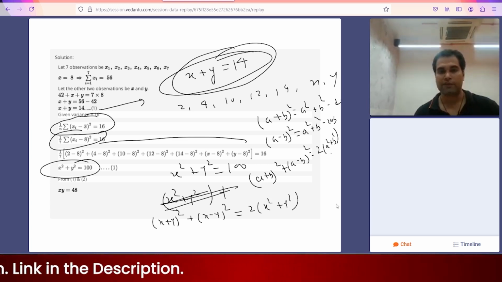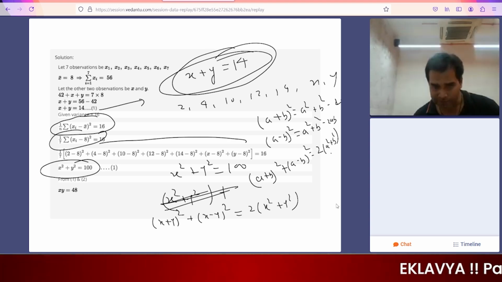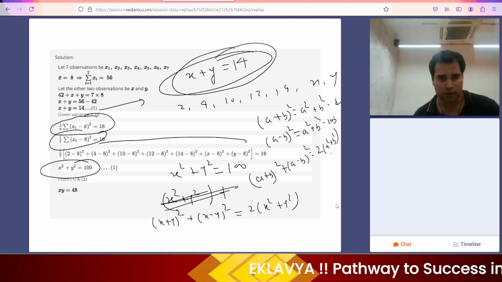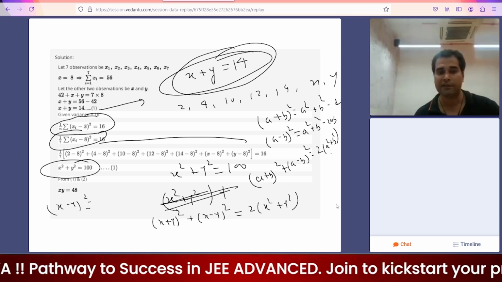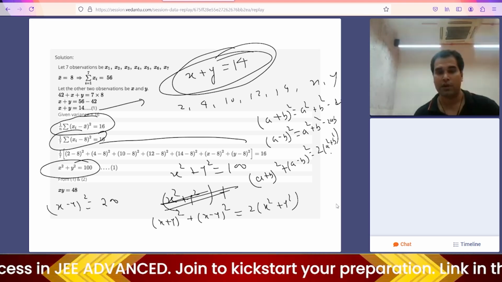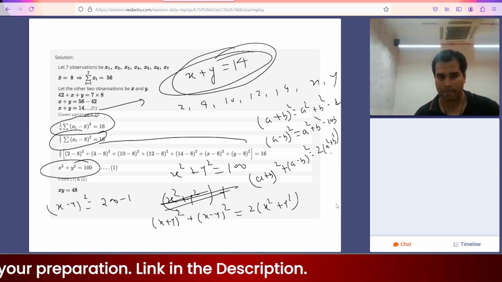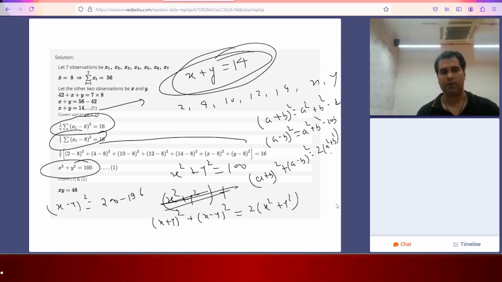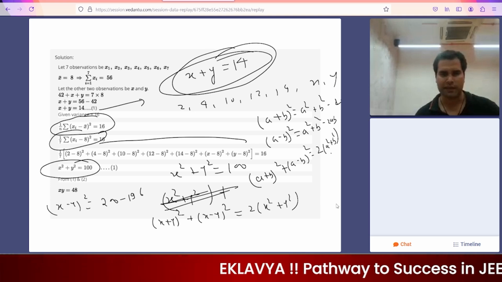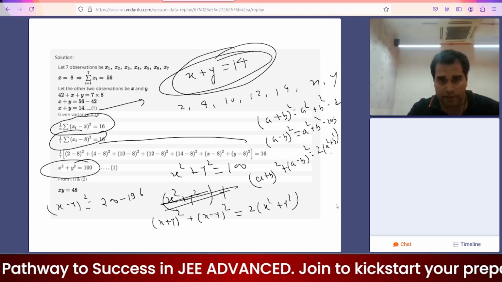Here x square plus y square is 100, so this is 200, and x plus y is 14, square 196, so x minus y whole square equals 200 minus 196.